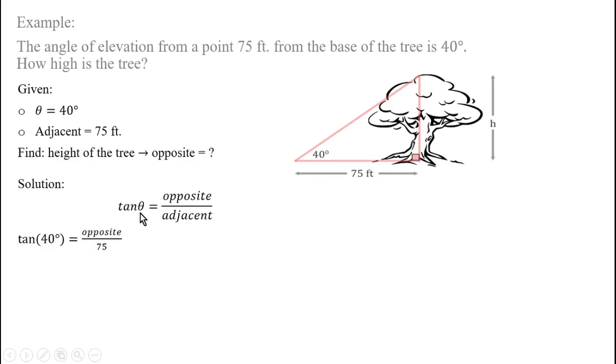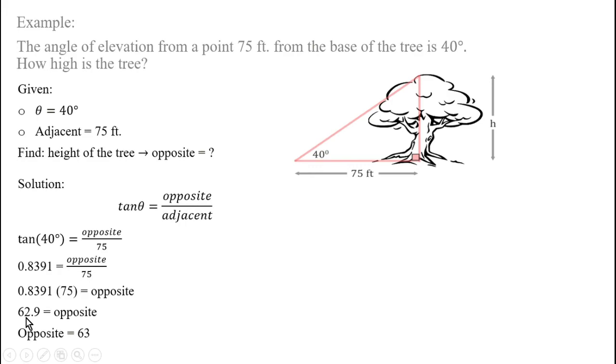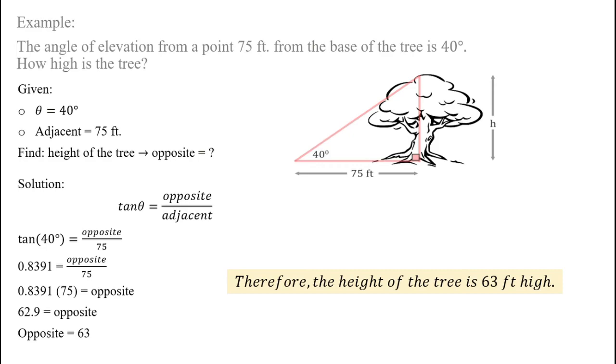Substitute the given values. We have our theta, 40 degrees. Opposite is our unknown. Adjacent is 75 feet. So tangent 40 degrees is equal to 0.8391. Multiply by 75. We can get now our opposite side, which is 62.9 or 63. So therefore, the height of the tree is 63 feet.